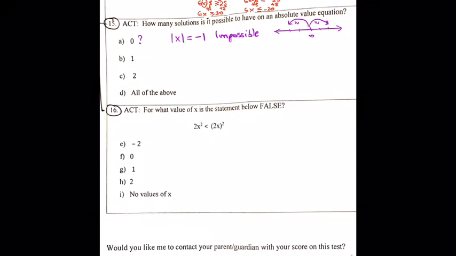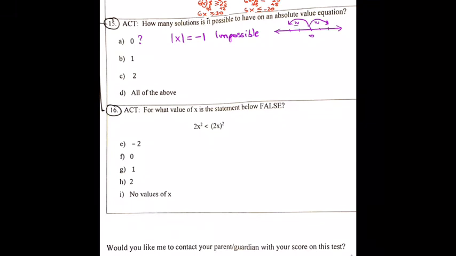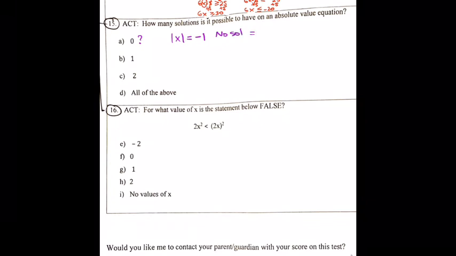I'm still going a positive amount of units to the left or right. So this would be 0 answers, or no answer, right? No answer. So this would be no solution, which is the same as saying 0 solutions.